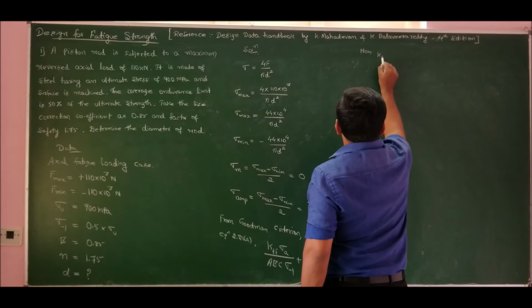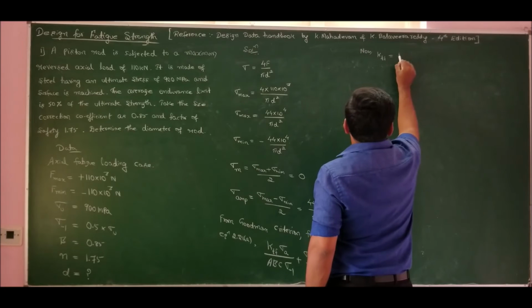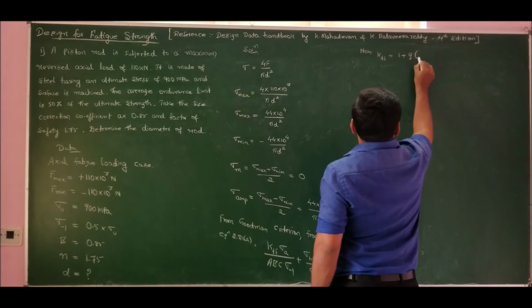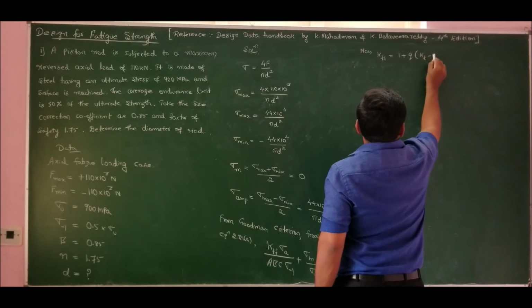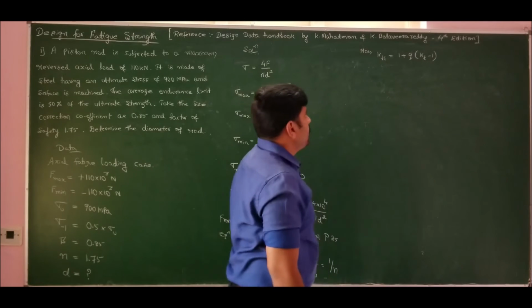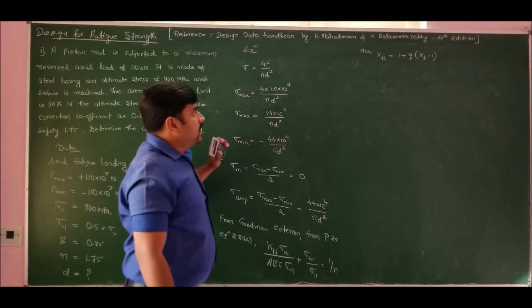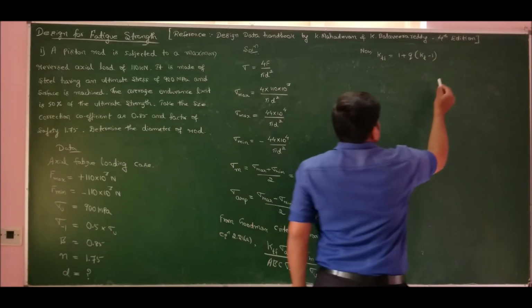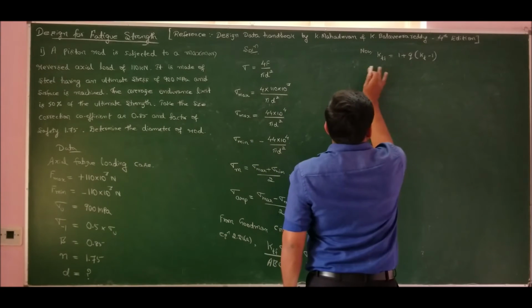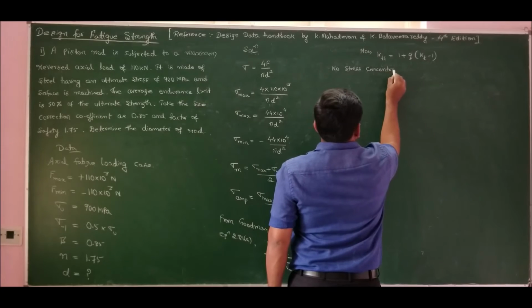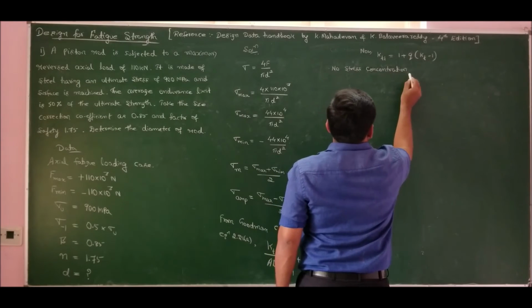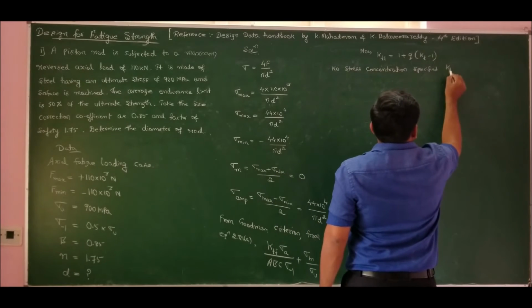Now K_TF is equal to 1 plus notch sensitivity into stress concentration factor minus 1. Since there is no material discontinuity specified for this problem, I can take K_T as 1. No stress concentration specified, therefore the value of stress concentration factor is 1.